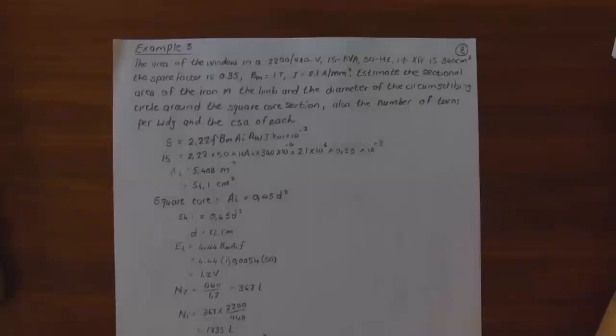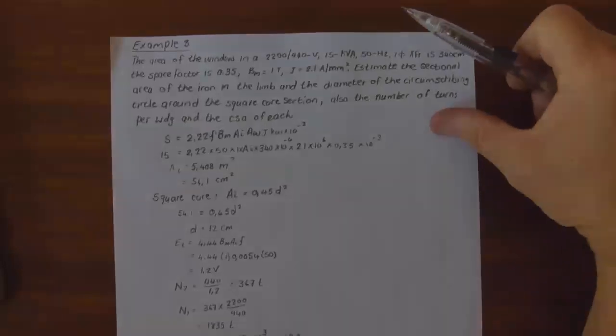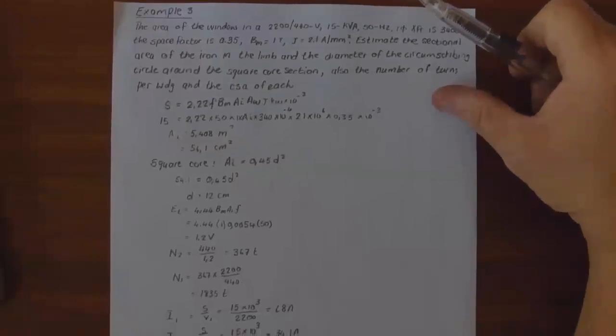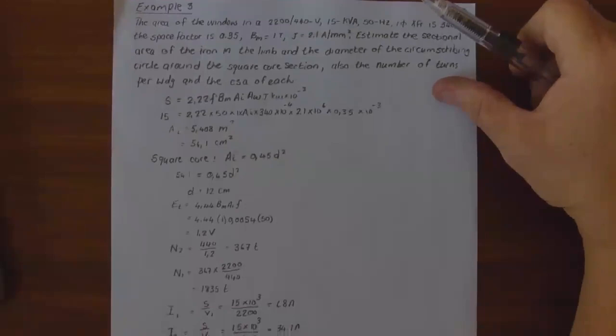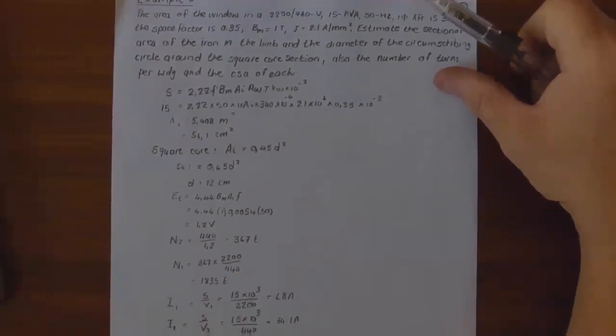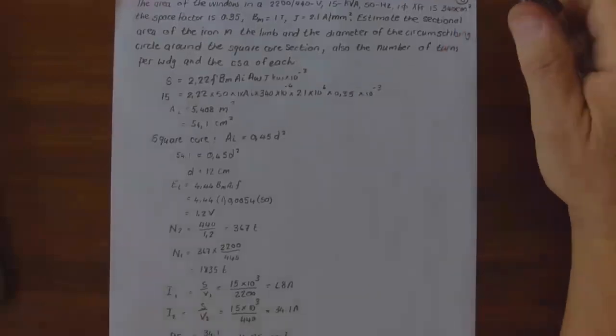We must estimate the sectional area of the iron in the limb and the diameter of the circumscribing circle around the square core section. Also the number of turns per winding and the conductor cross-sectional area of each.